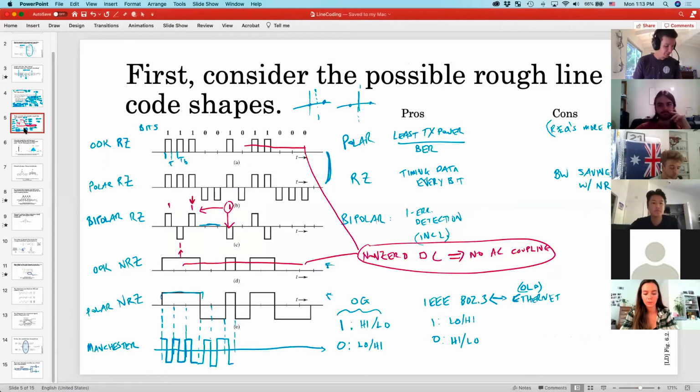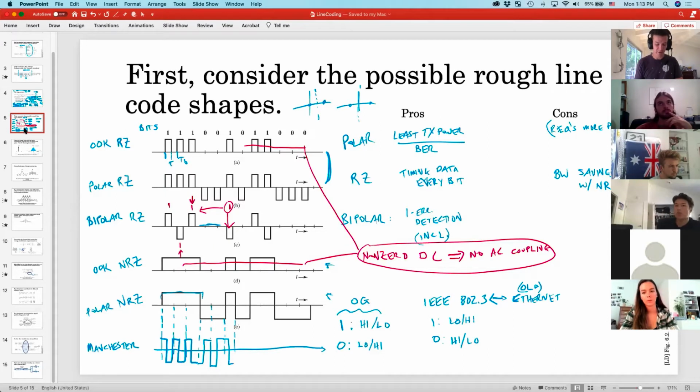Last time we spent a good amount of time talking about the different possibilities one could have to map bits to voltage waveforms. And we ended up with this idea that Manchester was kind of, I don't want to say the best of all worlds, but it has a lot of things going for it. But what is important going forward into today's lecture especially is that these rectangles are just placeholders, right?